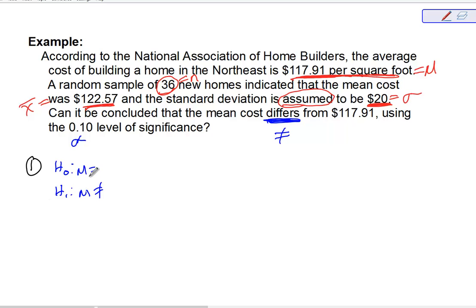And since it is the mean, we look over here for where our population mean was, and also differs from this number, so that's also an indication of what number needs to go in both hypotheses. So it's going to be 117.91. And can it be concluded that it differs? So that means that the alternative will be our claim.